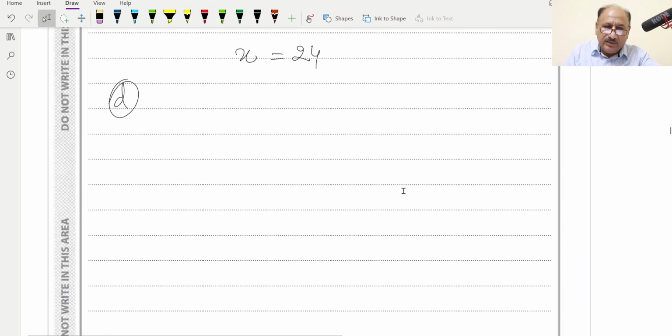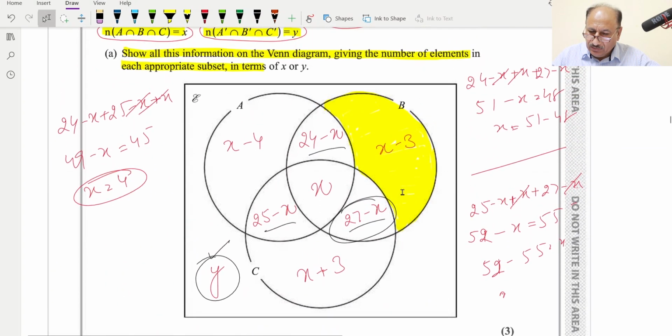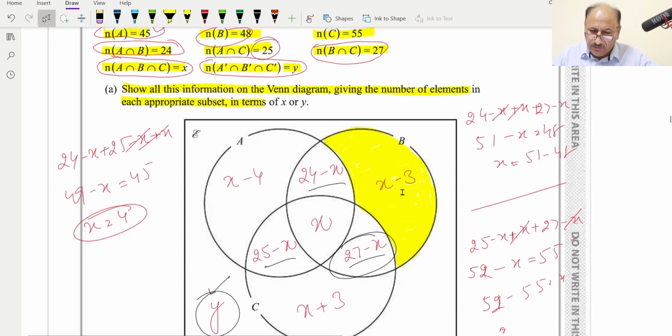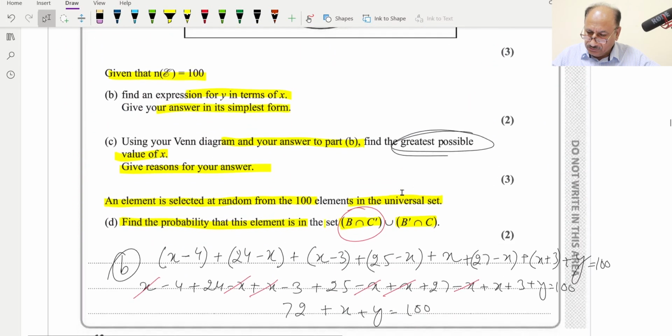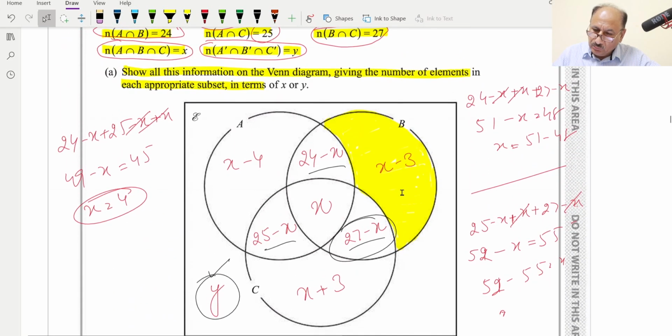So we can write this one as 24 minus x plus x minus 3. That will be the region which is B intersection C complement.